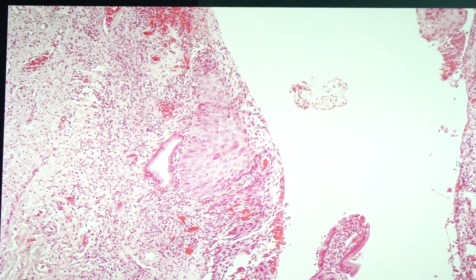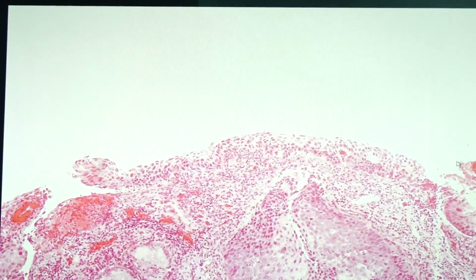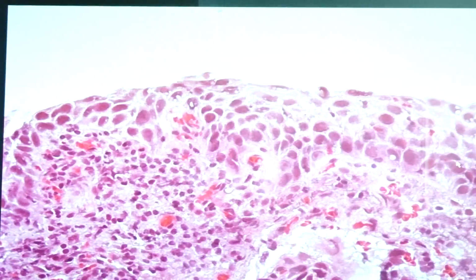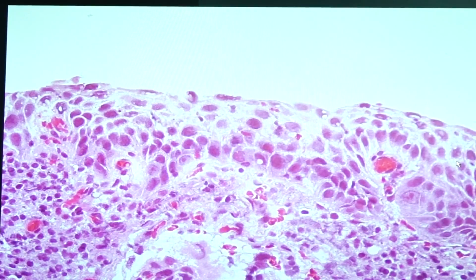They call it mild, moderate, and severe. So I think we're going to look at this particular area. The mild dysplasia is classified based on the presence of atypical cells in the lower one-third.